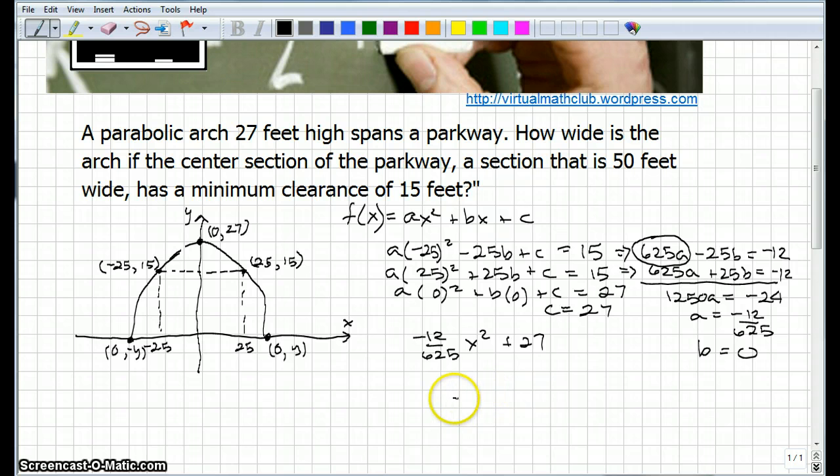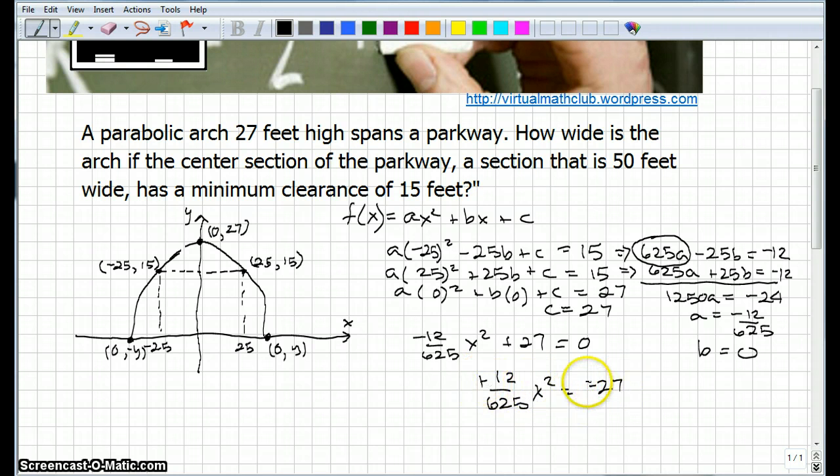Oh, wait a minute, no. I'm going to plug in 0 for y. What am I thinking? We just set that equal to 0. We're trying to find where y is 0, then we can get the x value. That's what we're looking for. So we'll have negative 12 over 625 x squared equals negative 27.